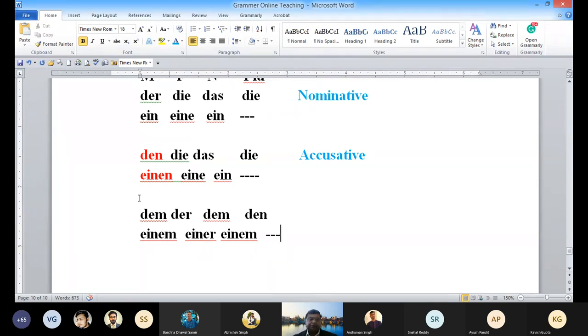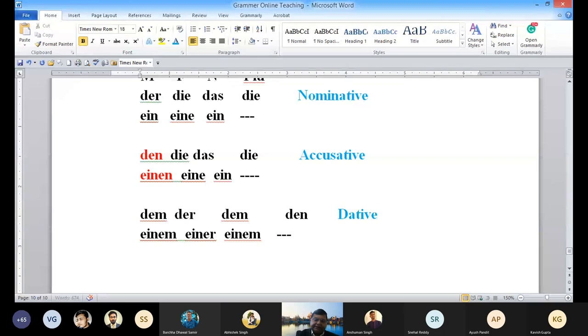So now you can see the changes. And these are called dative in grammatical terms. Dative. So what is the meaning of dative? I explain.